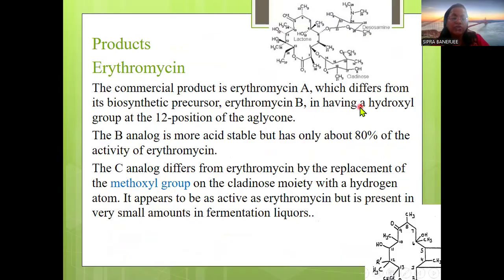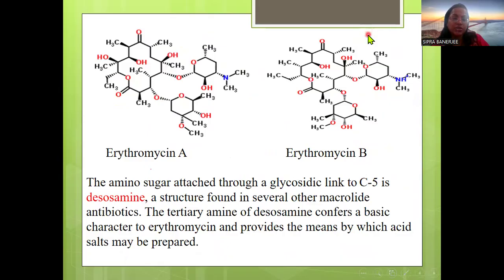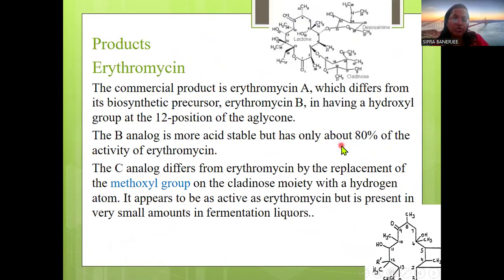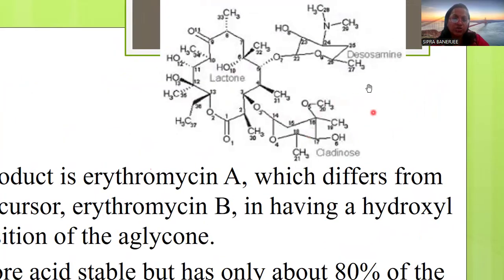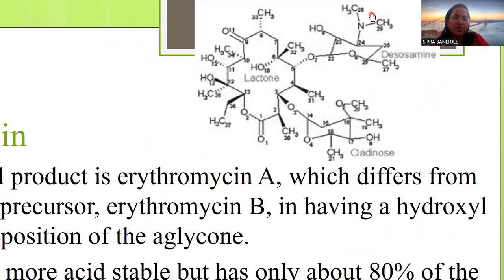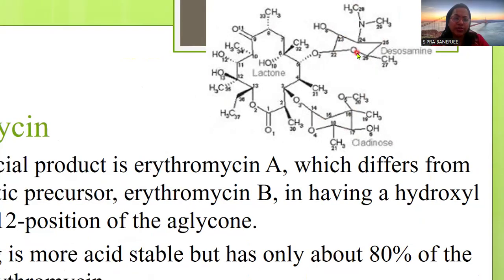Here we forgot to say that erythromycin has two sugar components, named cladinose and desosamine. In desosamine, one group is a dimethylamine group, and in cladinose, one CH2 group has been introduced to this simple sugar moiety, or you can say this is the amino sugar moiety.